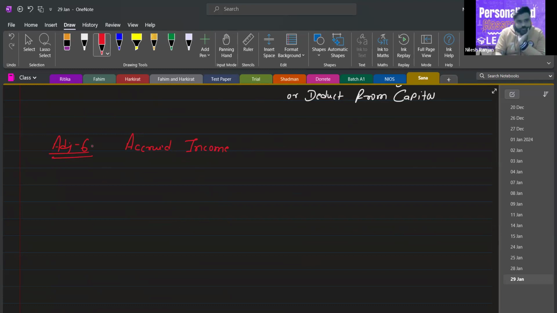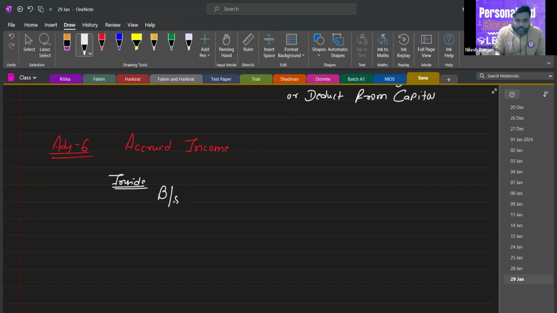Income which is not received is an asset for us because whenever it is received, it will be profit for us, it will be income. But until it is received, it is an asset.